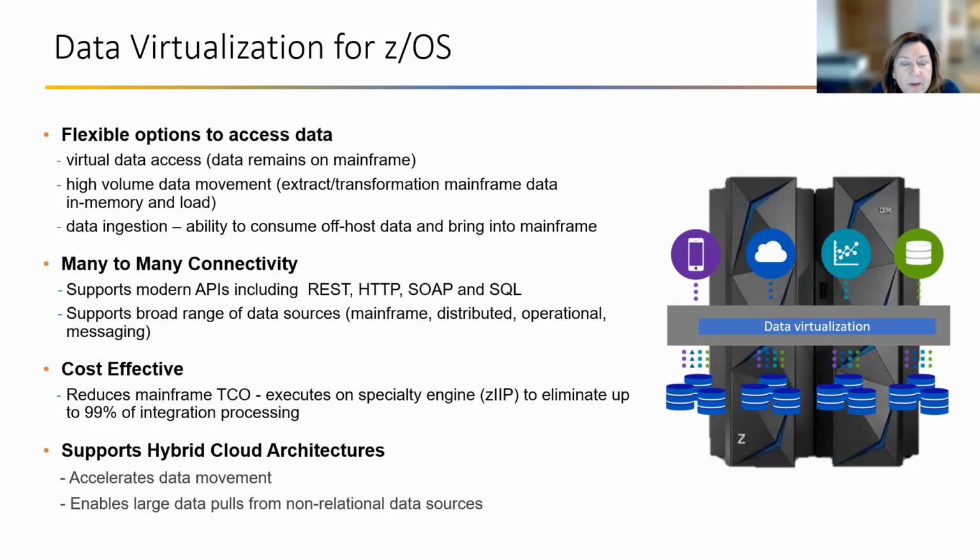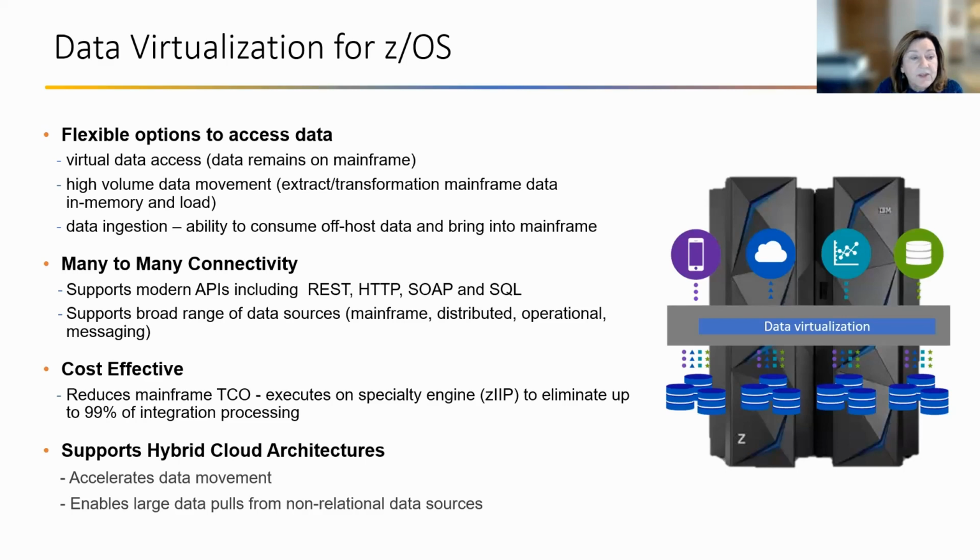Another component is that many-to-many connectivity that we talked about that supports modern APIs, REST, HTTP, SOAP, SQL, and supports a broad range of data sources, mainframe, distributed, operational, messaging. As we talked about, it's bringing those disparate data sources together.